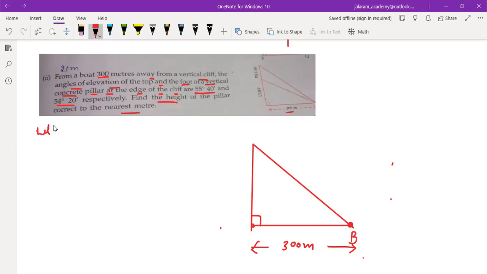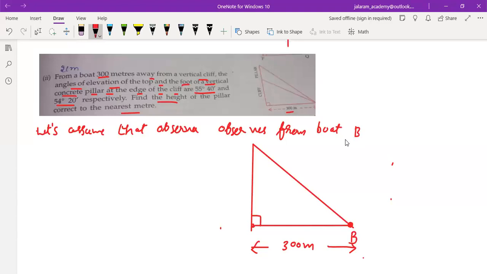So let's assume that the observer observes from boat B the angle of elevation.